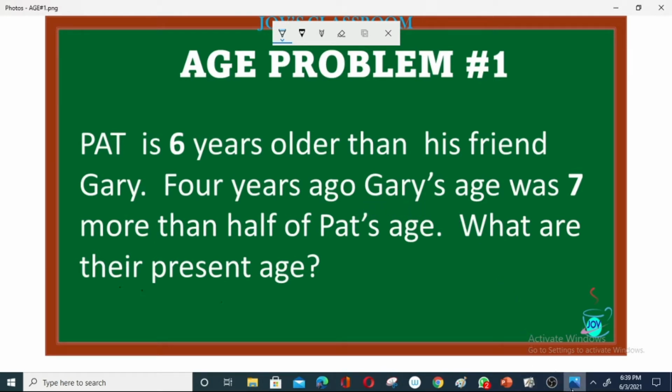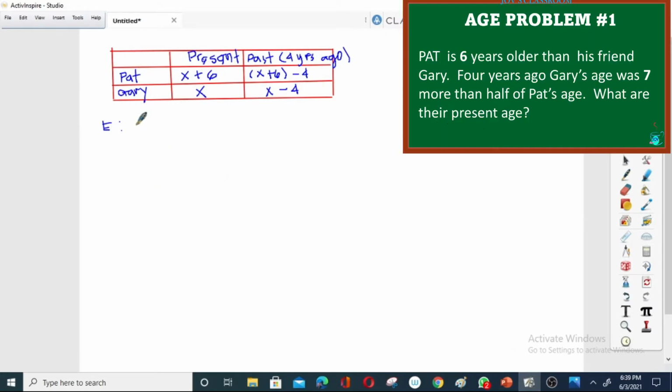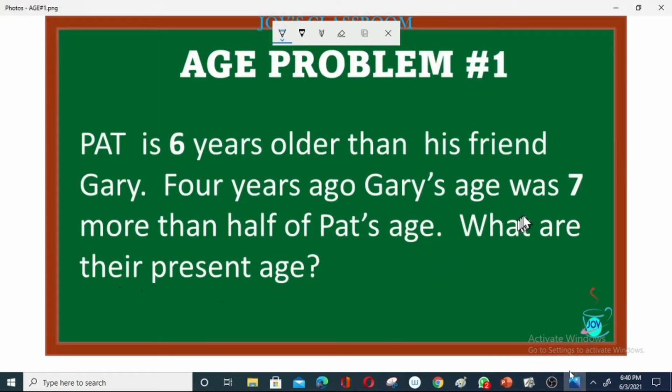What is Gary's age? Gary's age is x minus 4, 4 years ago. So Gary's age, x minus 4, 4 years ago, was 7 more than half. More than, that is plus 7.